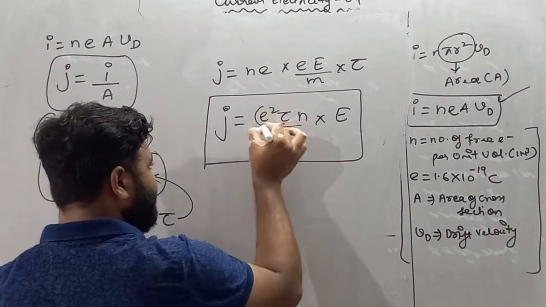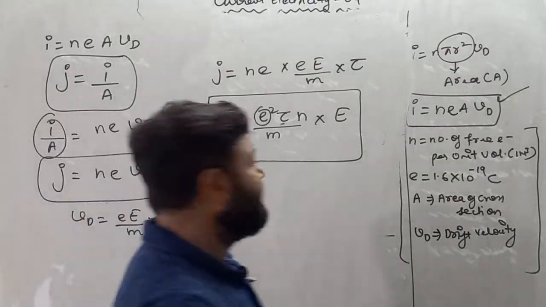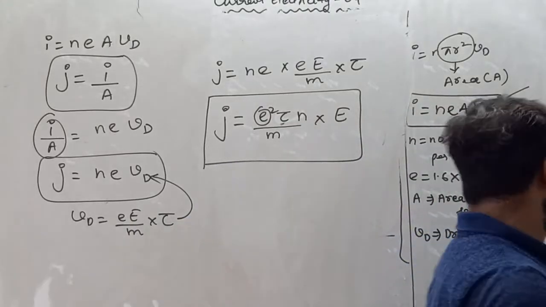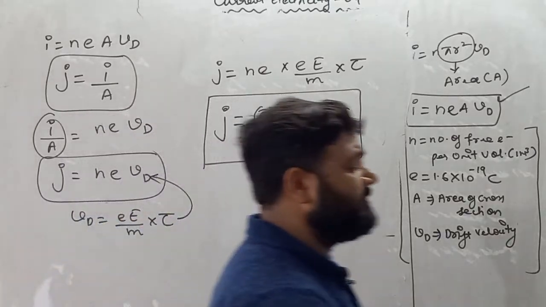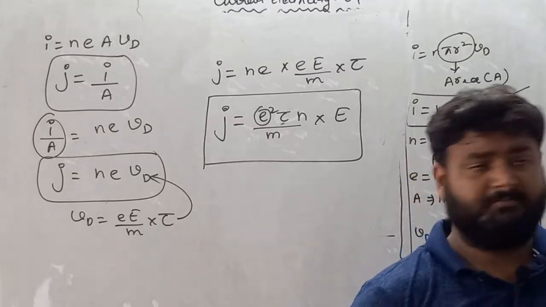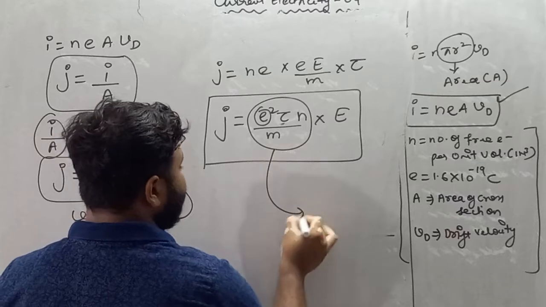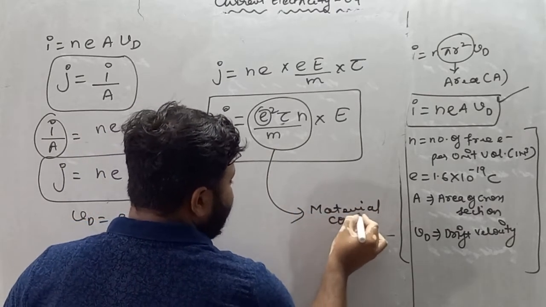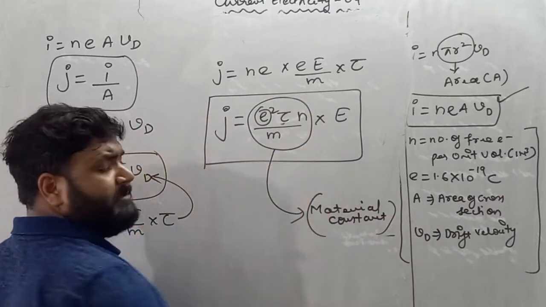Now see, e is constant, its value is 1.6 into 10 raised to the power minus 19 coulomb. Tau is relaxation time, which is also a constant term, my dear student. m is the mass of electron and n is the number of free electrons per unit volume. These are basically all material constants. Here e is constant and m is constant.